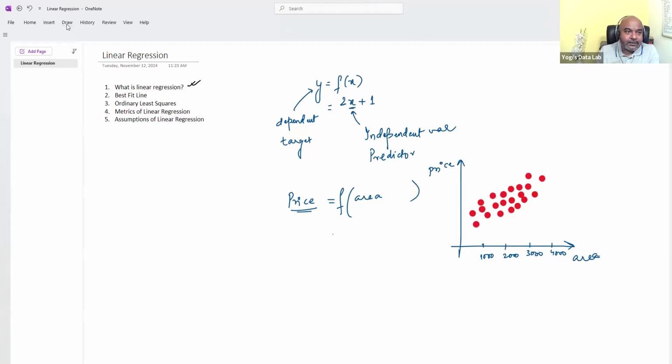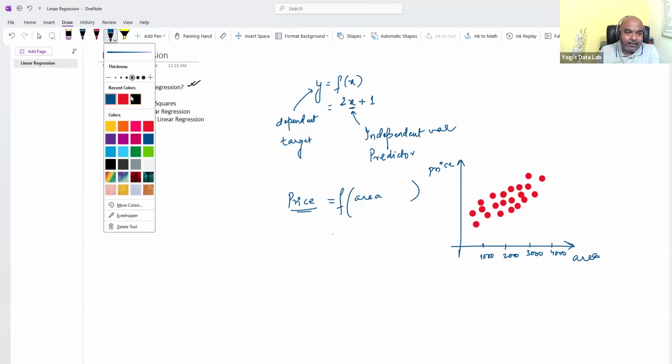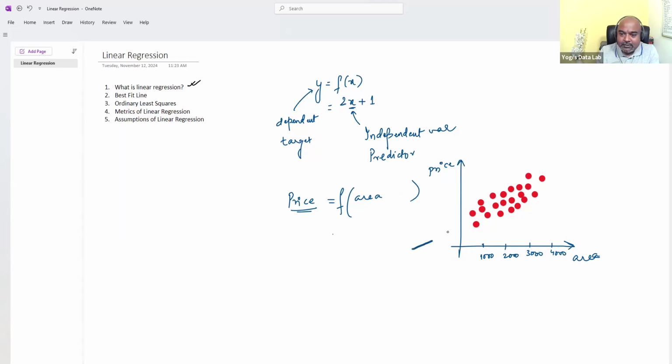What do we observe here? We look at that as and when the area increases, the price of home also increases. So it shows that it is a positive correlation between the area and the price.